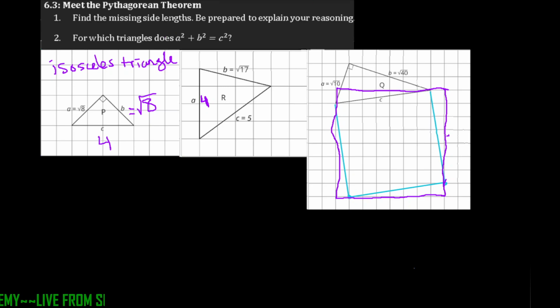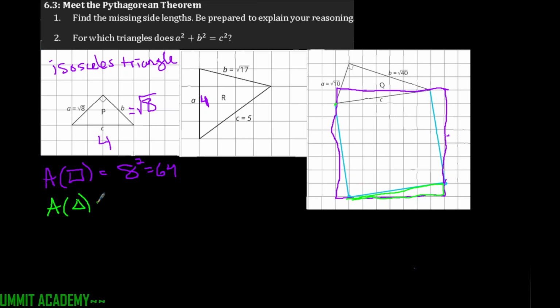So I can say it like this. Let's do it over here. The area of my big square in purple: how long is the side length? Well, it's 1, 2, 3, 4, 5, 6, 7, 8. So I have 8 squared, which is 64. Now find the area of the small triangle. Let's draw it like here. That side length is 7. So the area of the green triangle is 7 times 1 over 2, which is just 7 over 2.